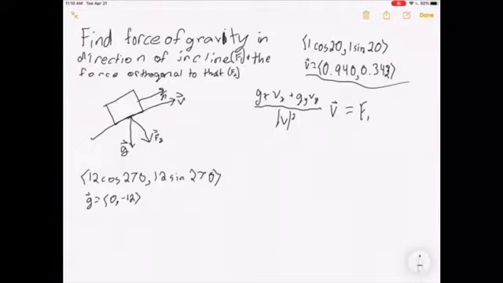So we start inputting variables into that, which we already have.